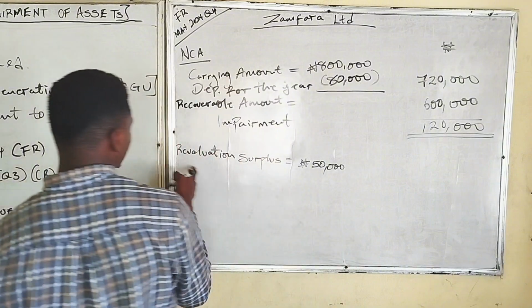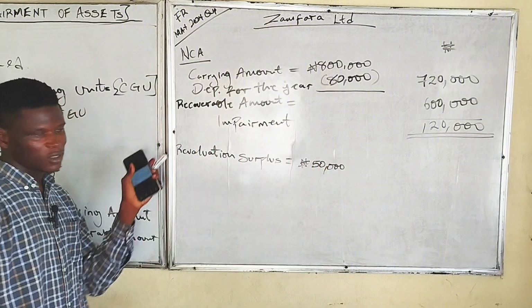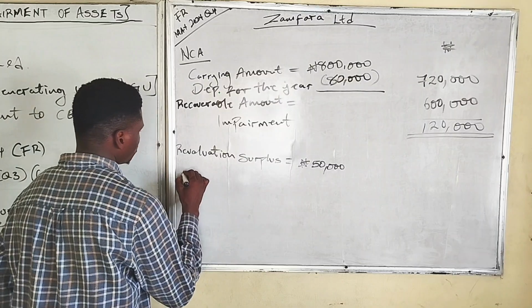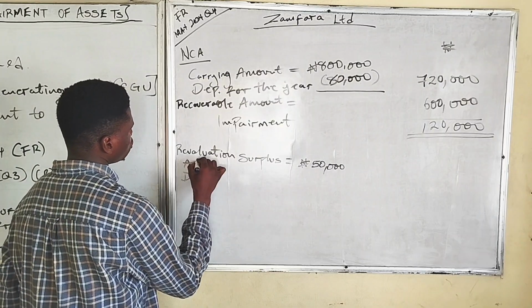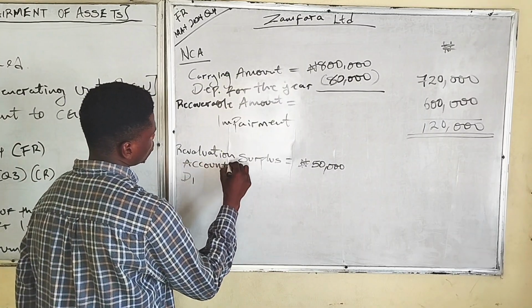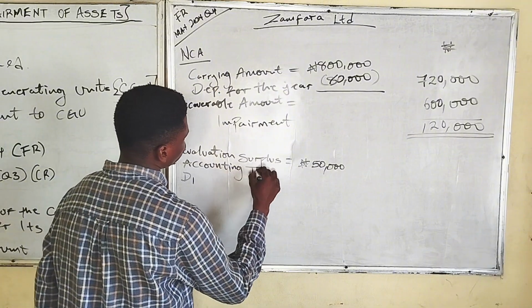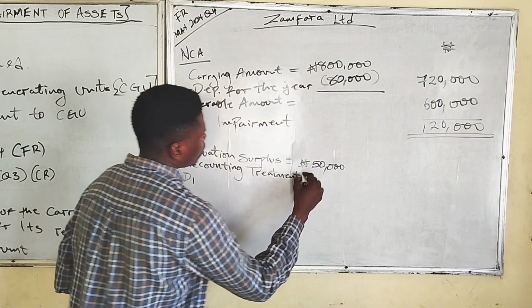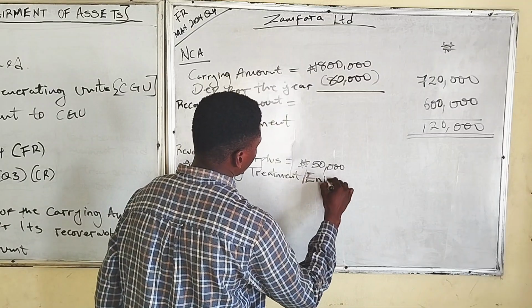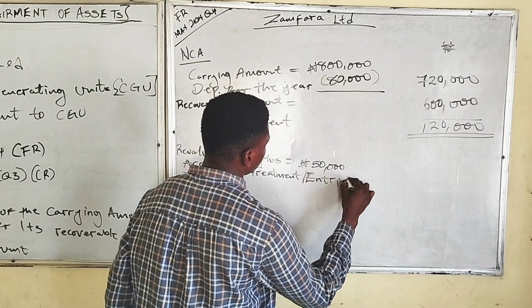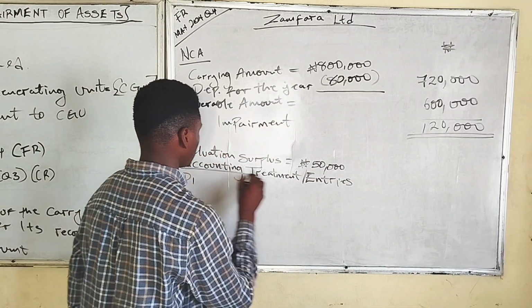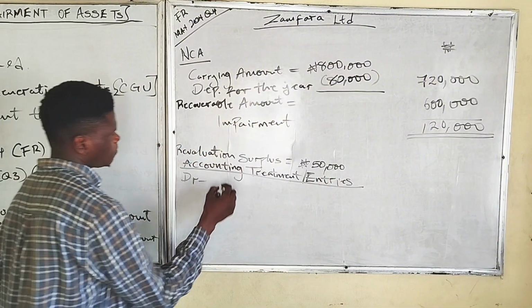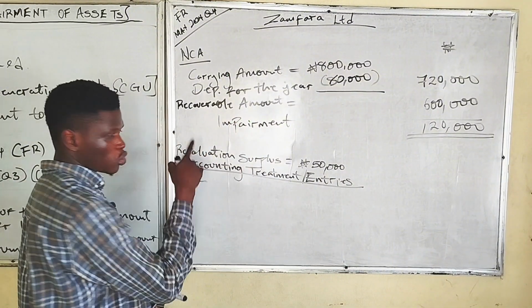Since there's a previous revaluation surplus on this asset, just like the example I gave, we will debit the revaluation surplus.